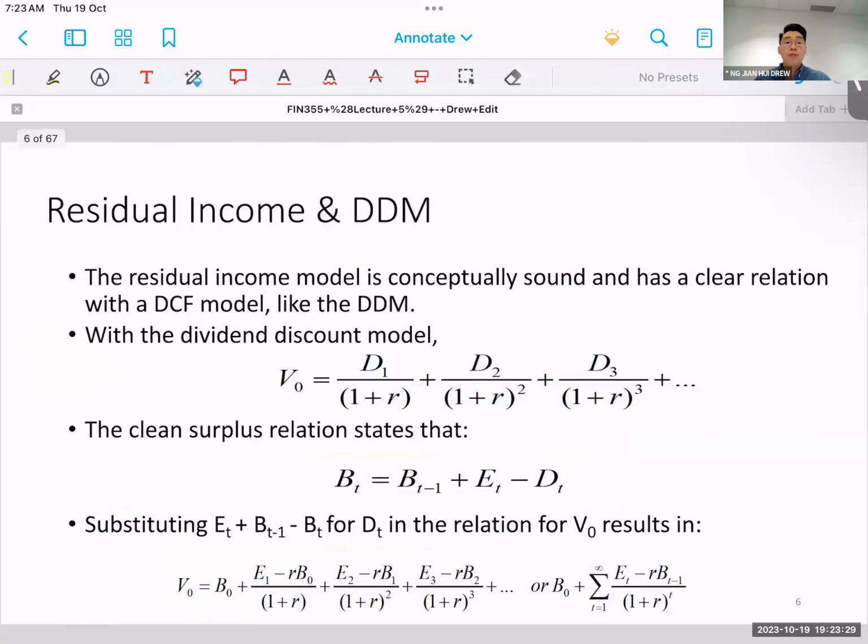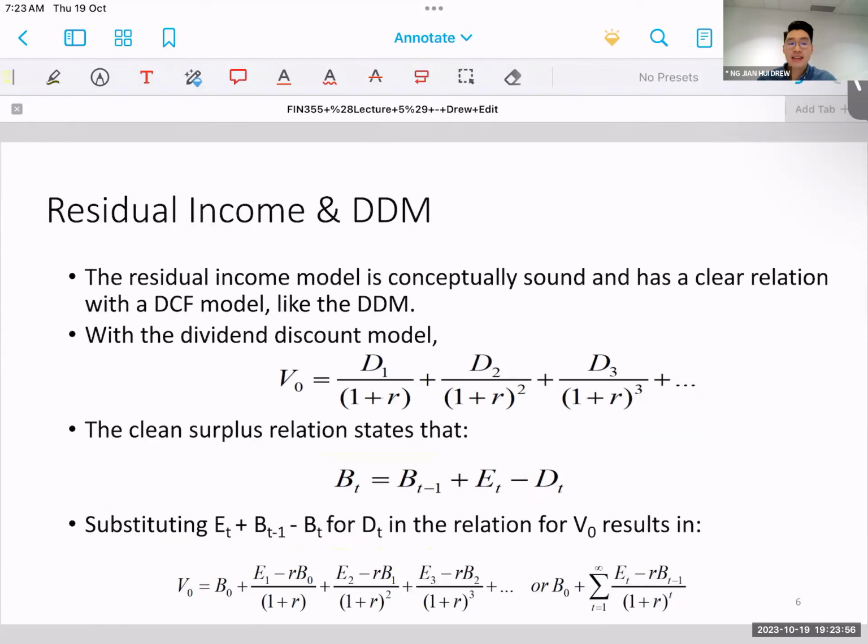All right. So remember earlier I did mention that the residual income model is very similar, or akin, to the FCFE, which is the free cash flow to equity. And we recall last lecture, we did mention also that FCFE is a special case of a DDM, right?